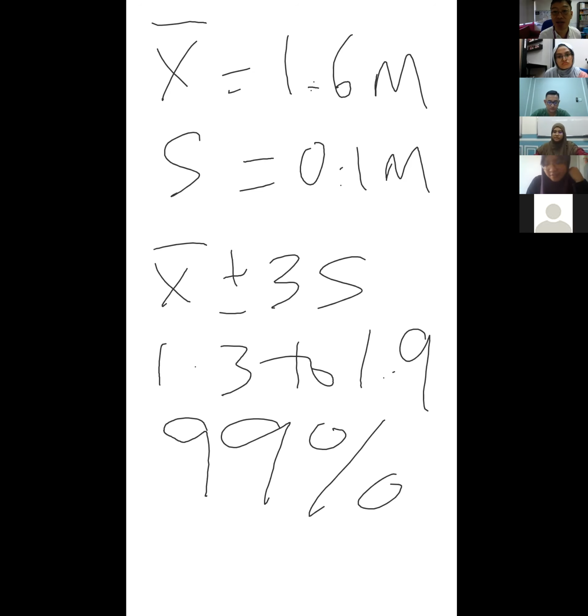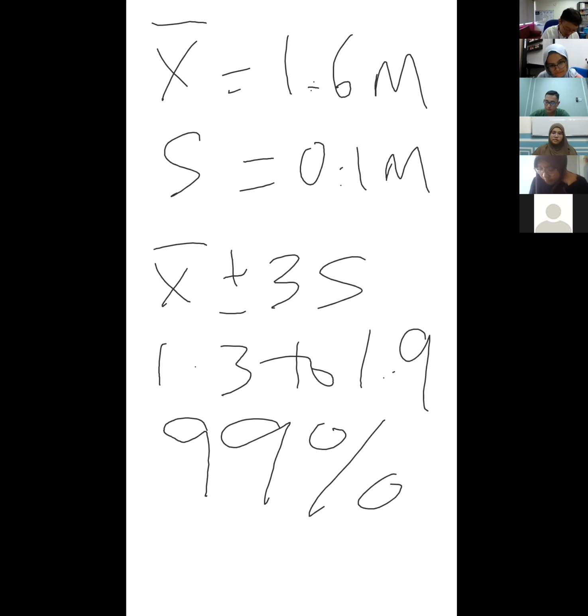How do you get the 1.6 until 1.9? How to count it? So, okay, we assume that the X bar is 1.6 and the standard deviation is 0.1.